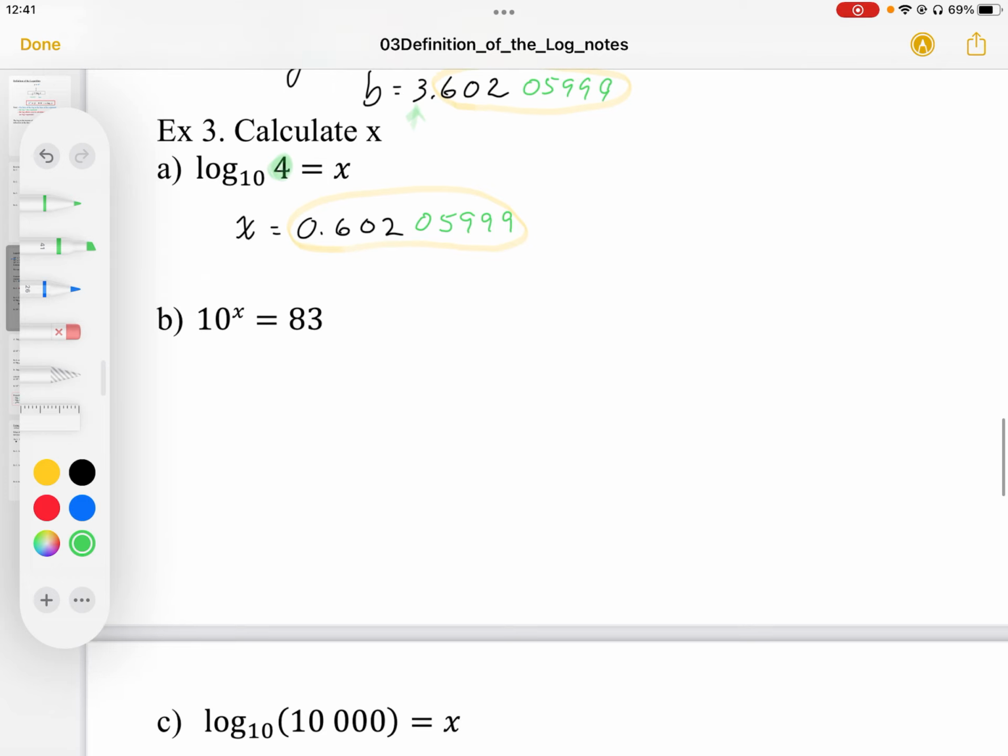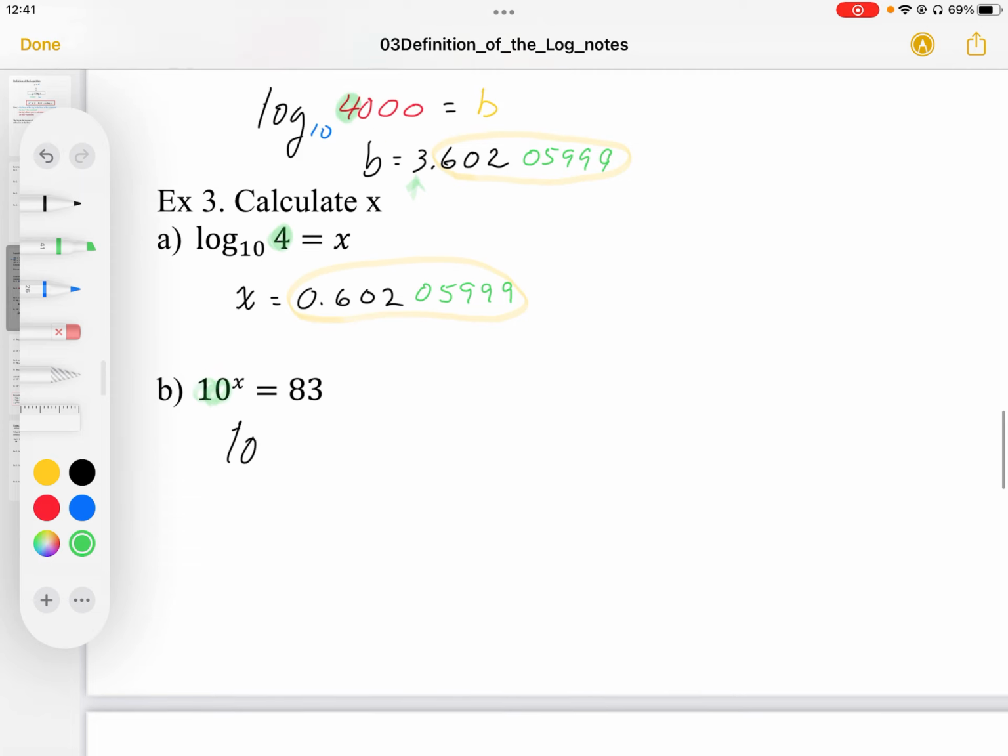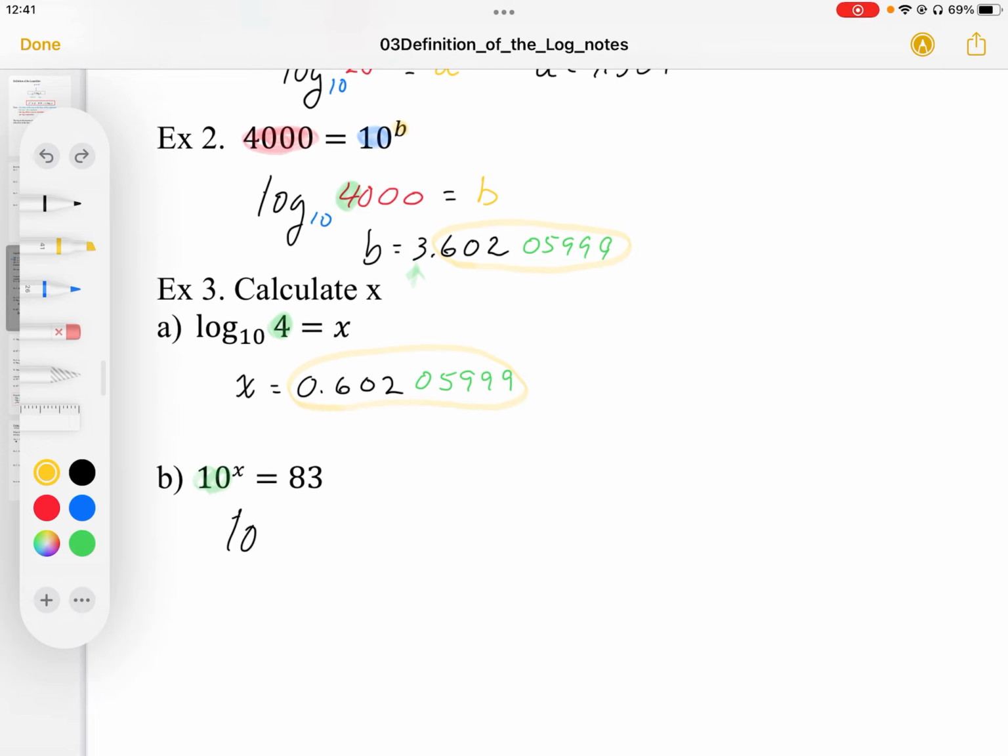So here, then, we're going to work out the last one. So we have log, again, base 10. Our exponent is going to be x here, and our argument is here. So when I write my log in, I want to have my base 10.